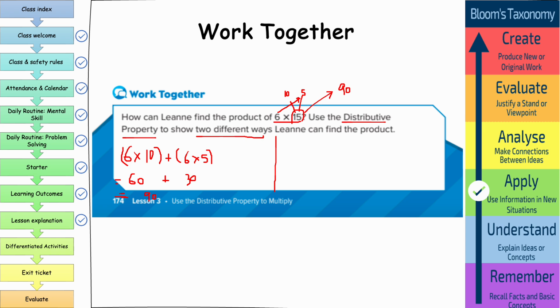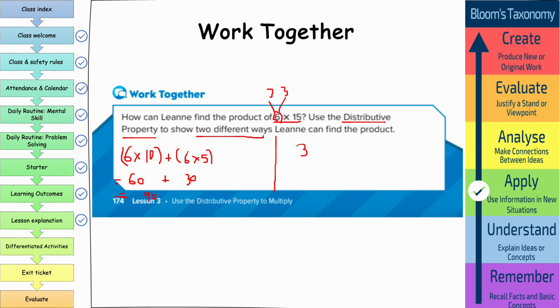This is the first way. Okay, what is the second way? It shouldn't be very different from the first way. It will be the same, but I will decompose the 6. So when I decompose the 6, it will be 3 and 3. Now let's start.